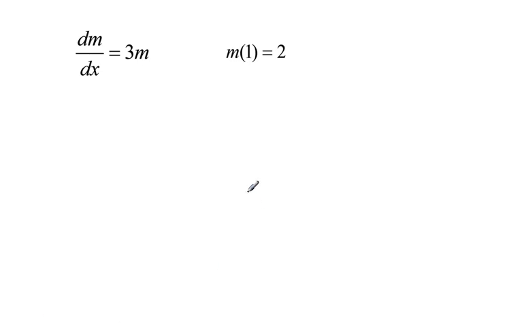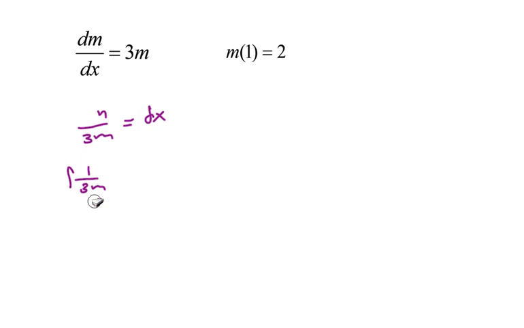All right, so here we've got a problem that looks quite a bit more simple, but then sometimes simple things look harder. Just one hint, we could do dm over 3m equals dx, and we have put the m's together and the x's together, but if I integrate this, I just end up with a u substitution situation, which is messier than it needs to be.